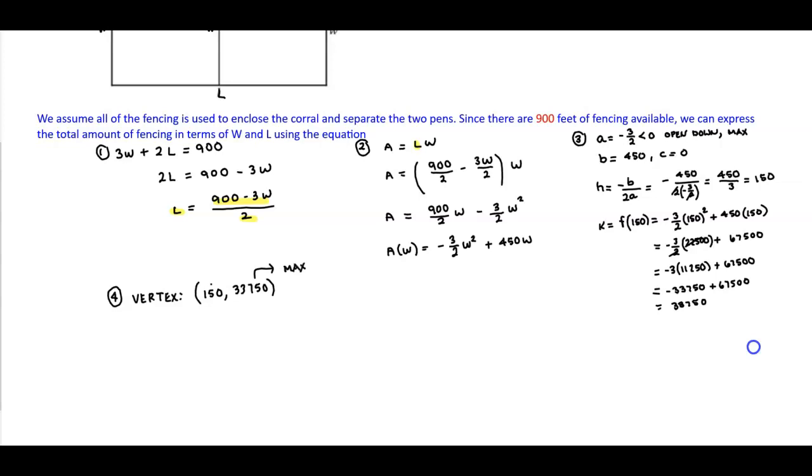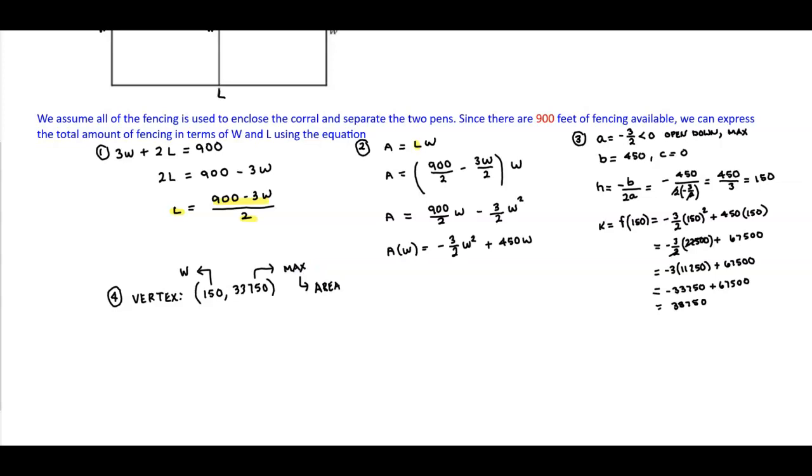So this 150 represents the width, and the maximum, 33,750, represents the area.